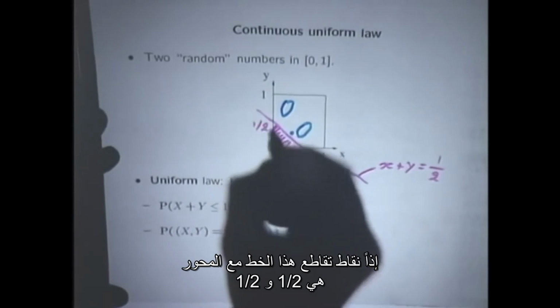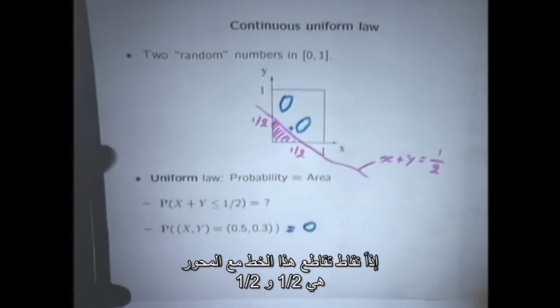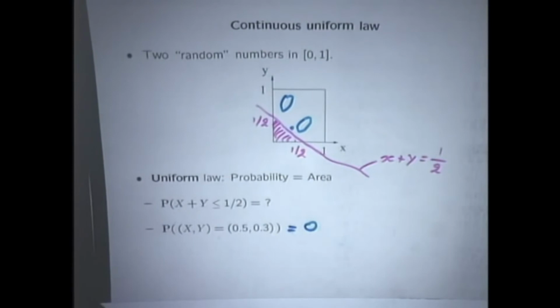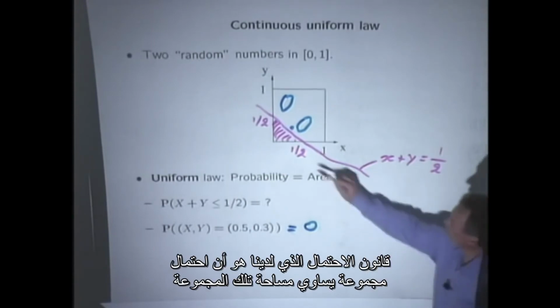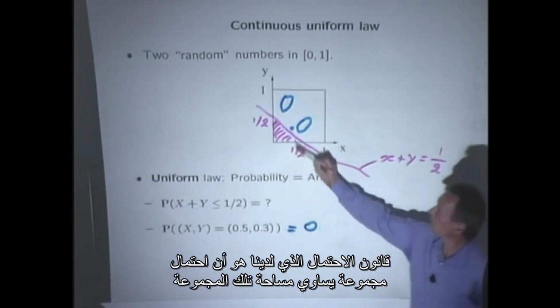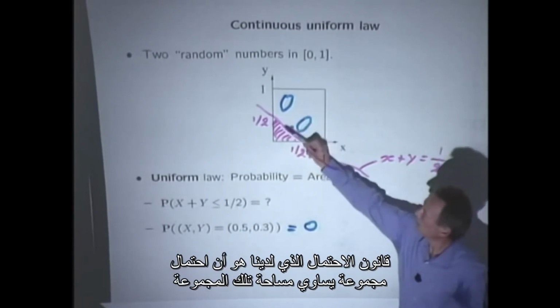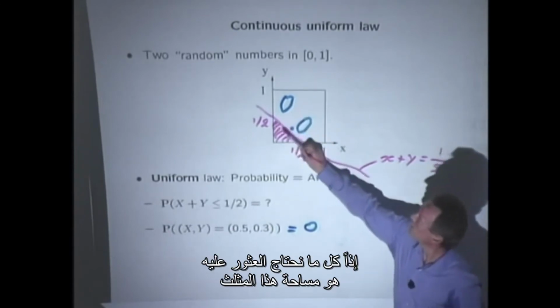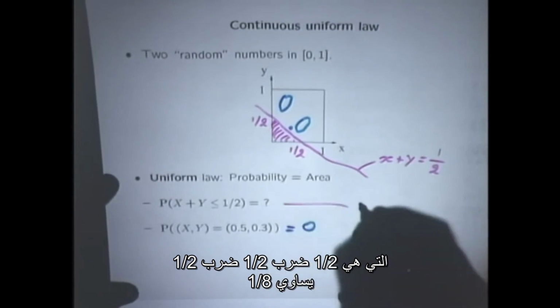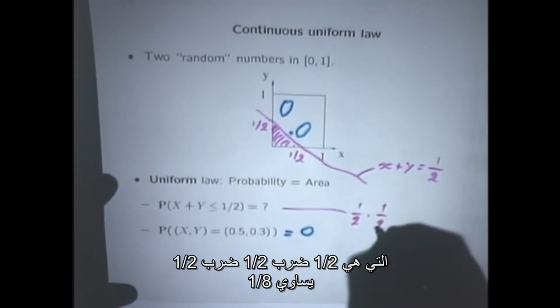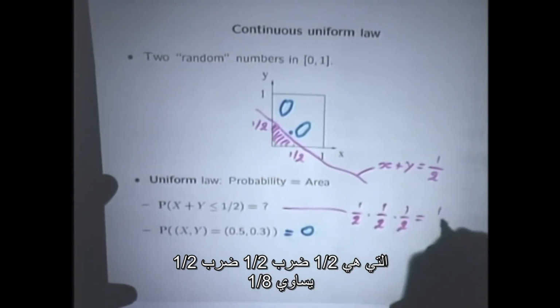So the intercepts of that line with the axes are 1/2 and 1/2. So you describe the event visually, and then you use your probability law. The probability law that we have is that the probability of a set is equal to the area of that set. So all we need to find is the area of this triangle, which is 1/2 times 1/2 times 1/2, equals 1/8.